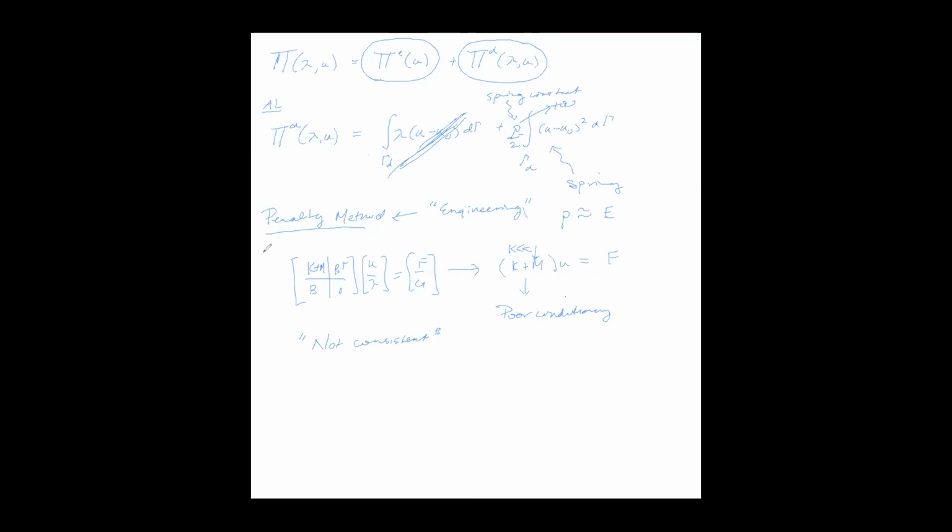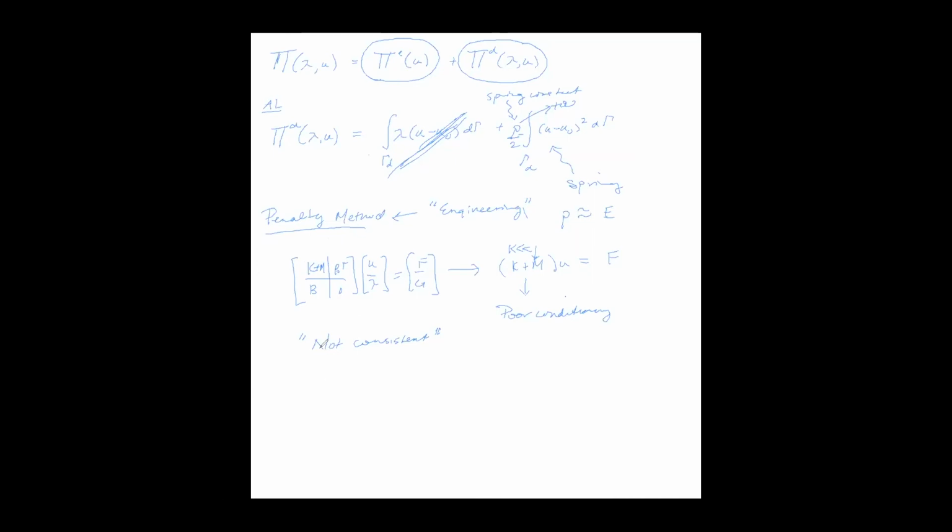Okay, it has some good things going for it. It eliminates the Lagrange multiplier degrees of freedom, which is good. It will eliminate the singularity in the stiffness if you don't have any kind of pin nodes or strong enforcement of boundary conditions. So that will do that, but at the cost of really bad conditioning. So if you're using this in a setting where you have to invert this matrix, that can be very problematic.